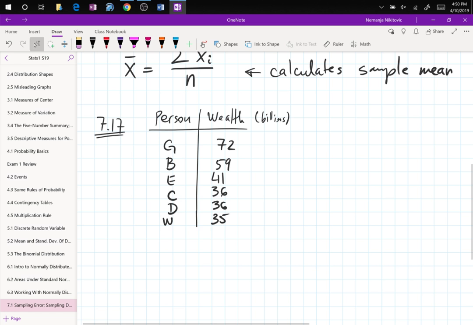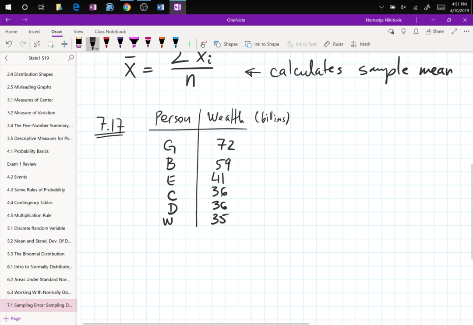So they want us to calculate a few things. First off, this is presented as a population because they are looking at the top 6 richest, right? If you're looking for the top 6 richest, well, this is all of them, right? This is the entire list of top 6 richest. So this is population data. Are there more rich people out there? Of course, right?